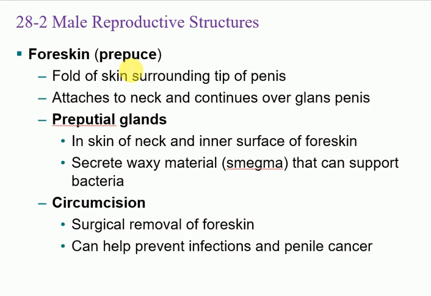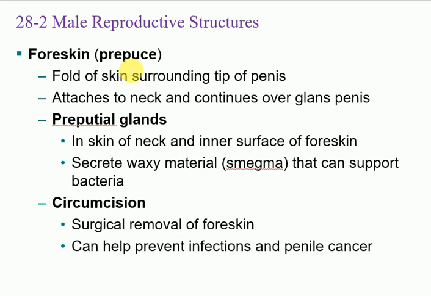I talked about the prepuce before, or the foreskin. Remember both names, prepuce or foreskin. This is the last part or the terminal part of the skin surrounding the penis. And I told you guys that it can be cut away, and we call that circumcision, or it can be left alone. I mentioned that doctors always ask the parents, do you want to do circumcision or not?